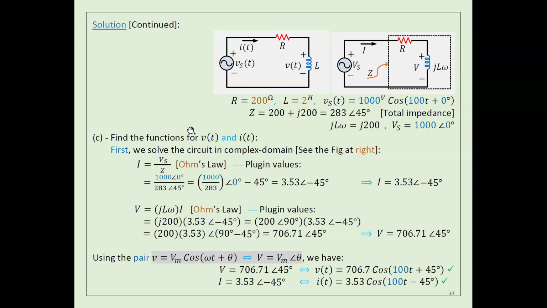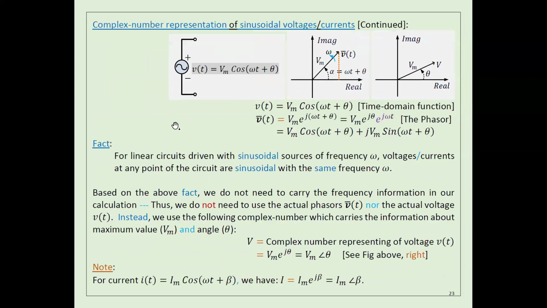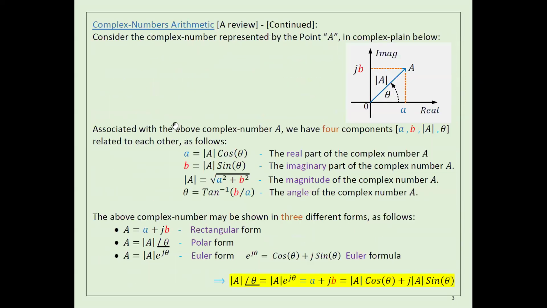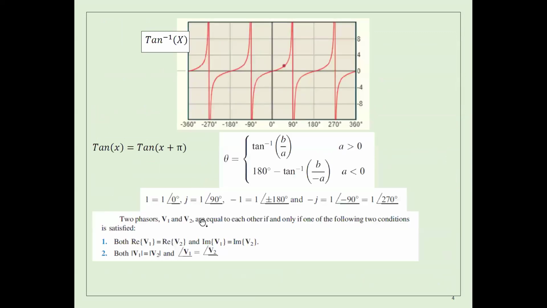This is one of the special cases I put here. So for example, if you have j here, you need to calculate the inverse tan of infinity. So this is one of the special cases you have here, 1 or j.